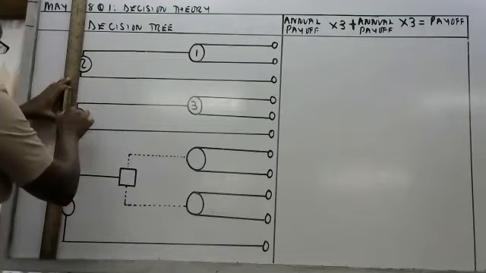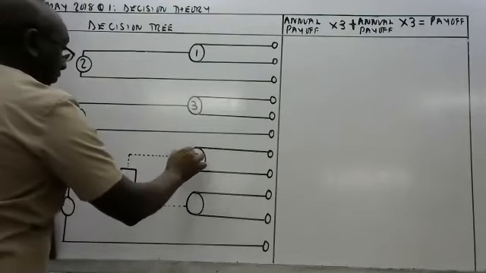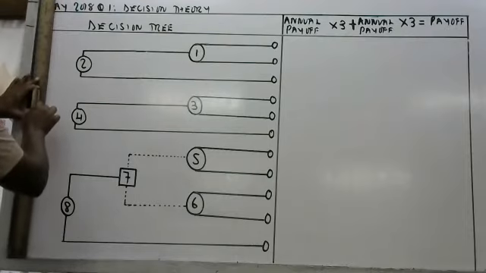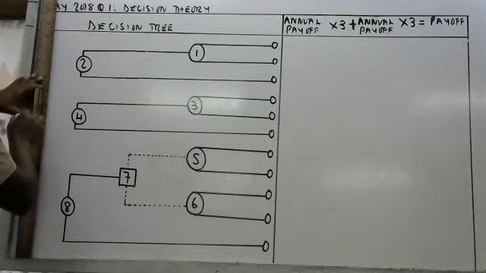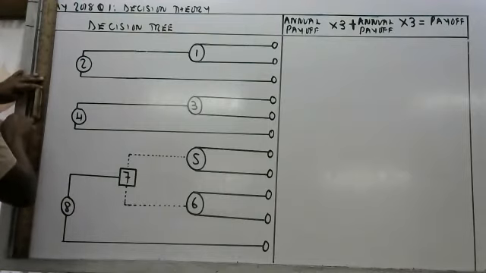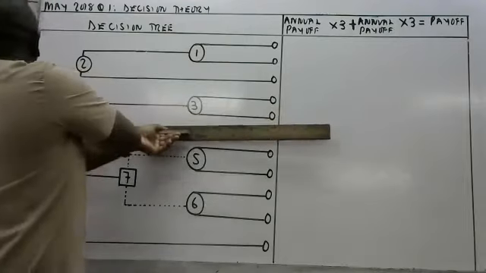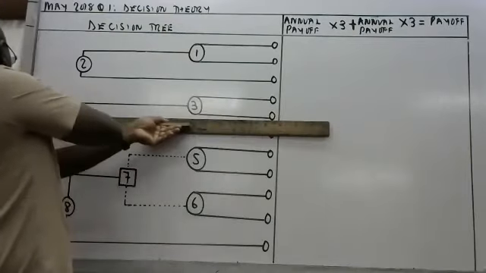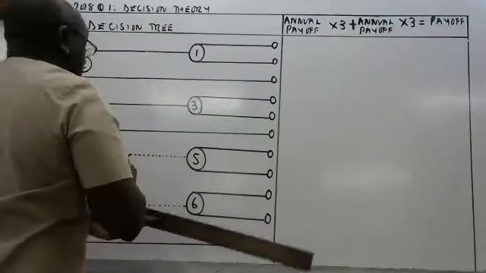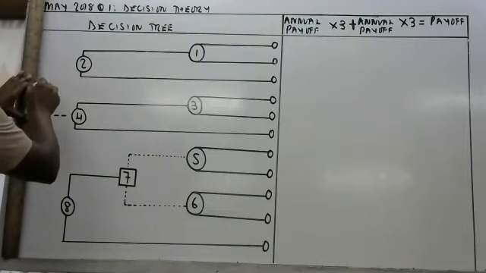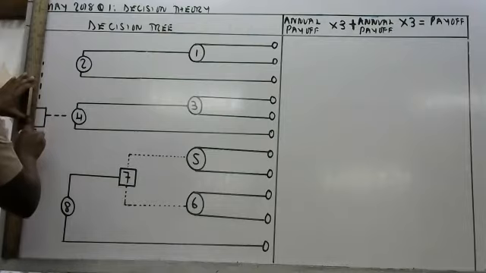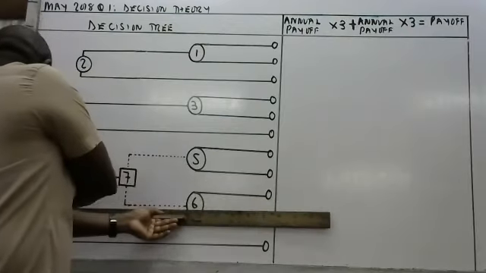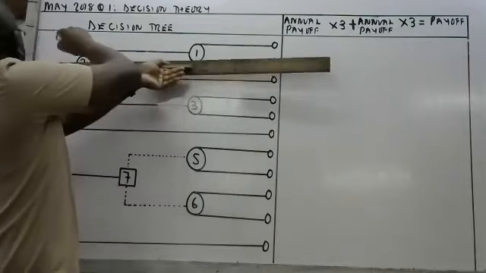That's number 4, so I can call this 5, 6, 7, 8, 9.